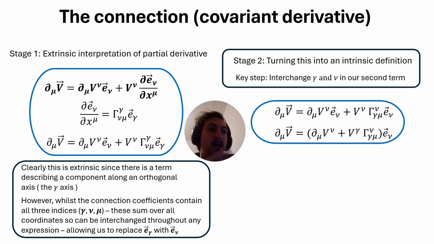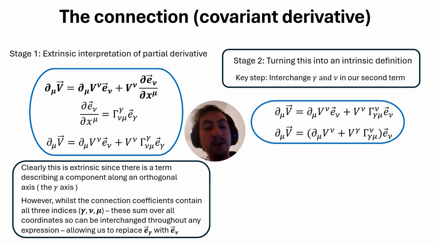So this is a change in the vector field, but tangent to the vector at that point. So, tangent to the manifold. So we have essentially got now an intrinsic understanding of the partial derivative. But we want to get to the covariant derivative.